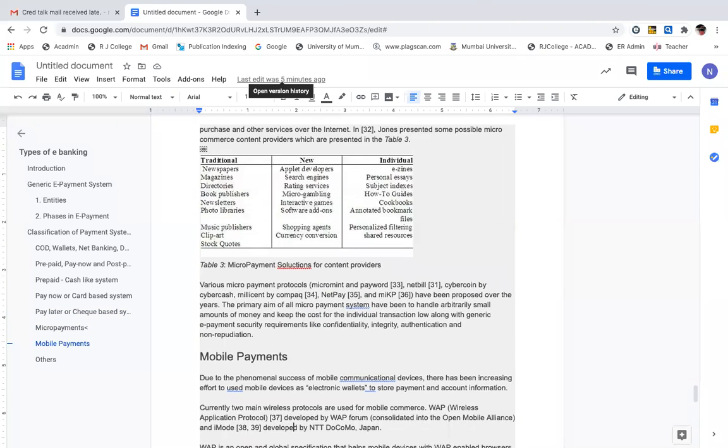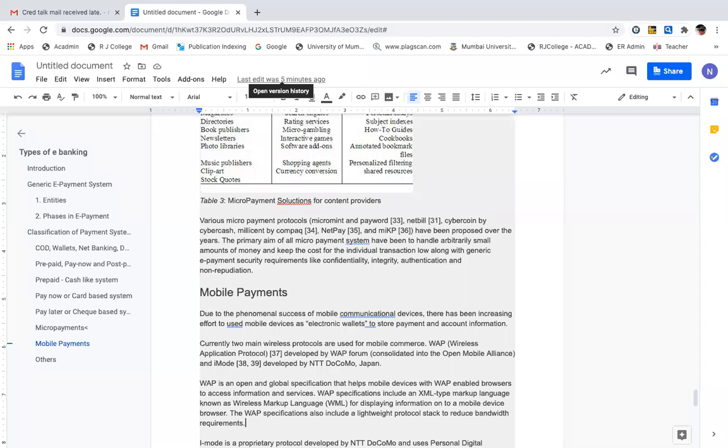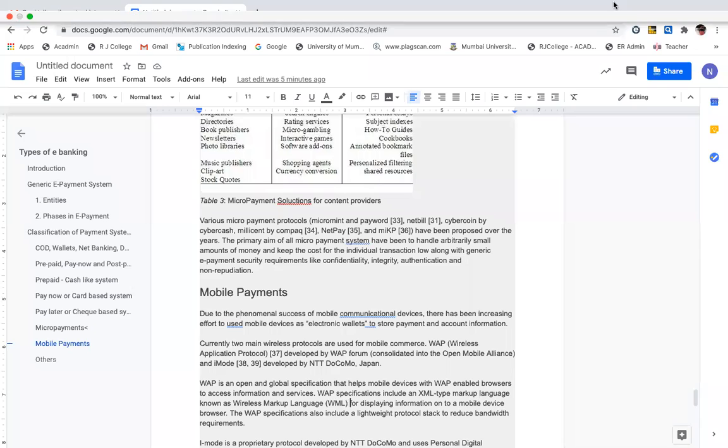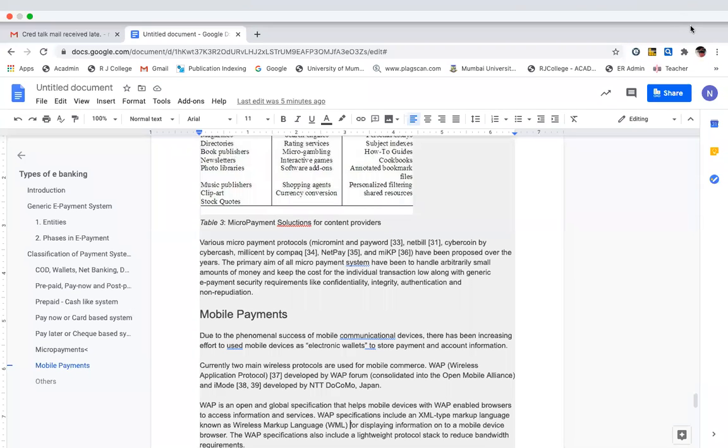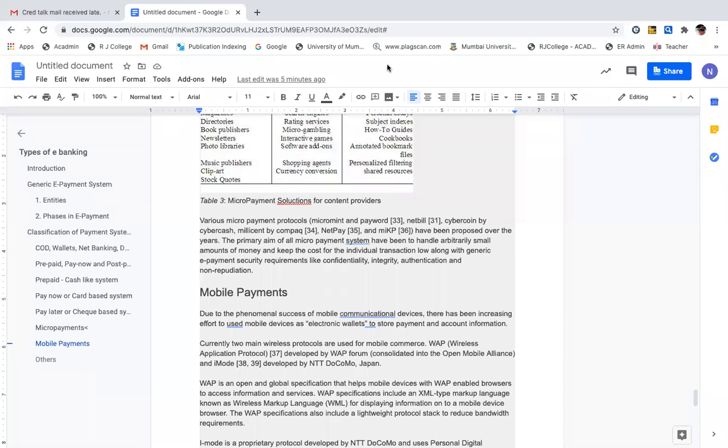Micro payments, I'll come to it, but before that, I want to see mobile payments. What is mobile payment? Pay by phone. Yes, you pay on the phone, right?